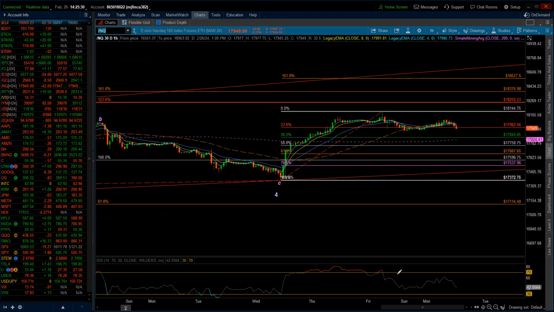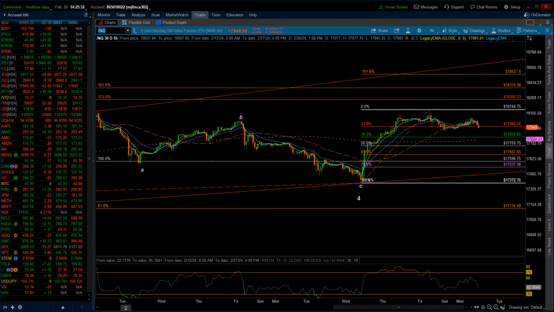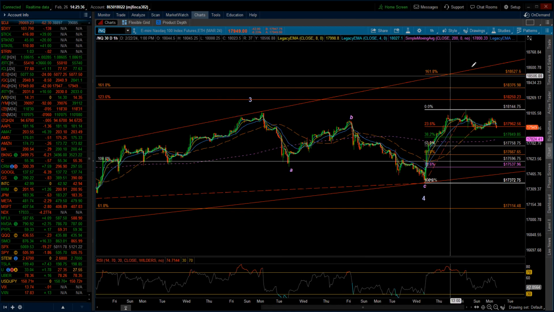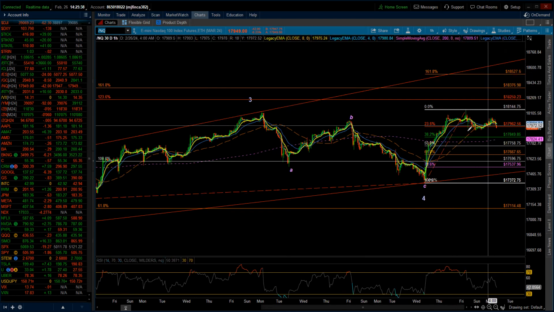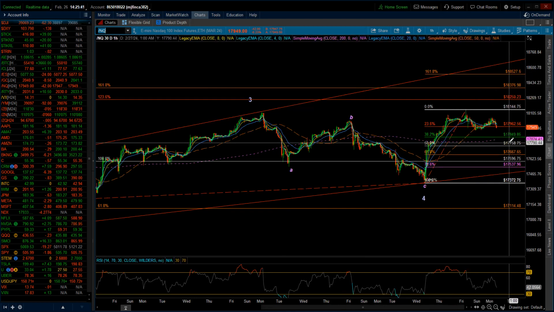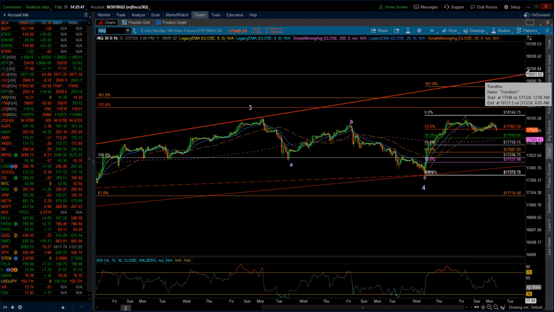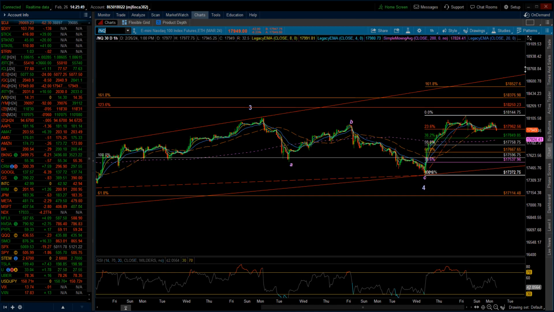What's the potential here? Let me just bring this back in. And here we have, that's the first overlap, but then we're going up. So if we move this out, you're going to see we are actually continuing to head towards 18,700.